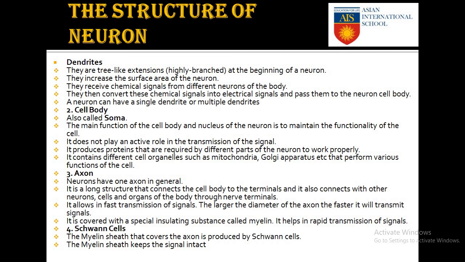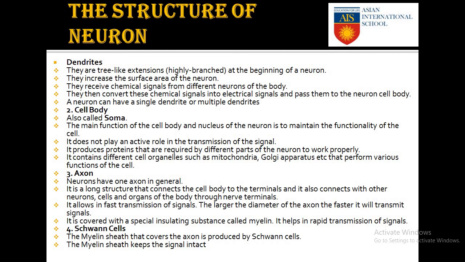Now the long cable which I told you about is the axon. They have one axon in general. It is a long structure that connects the cell body to the nerve endings, the nerve terminals. It allows fast transmission of signals. The larger the diameter of the axon, the faster it will transmit the signal.